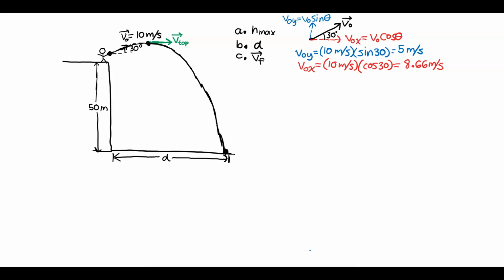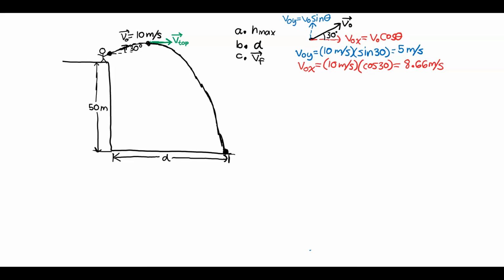It becomes zero because there has to be a point where it reaches its maximum height. It can't go up anymore, and then it starts to fall. So at the point where the y velocity is zero, that's the location of the maximum height. Okay, so what we have to do is find this location.